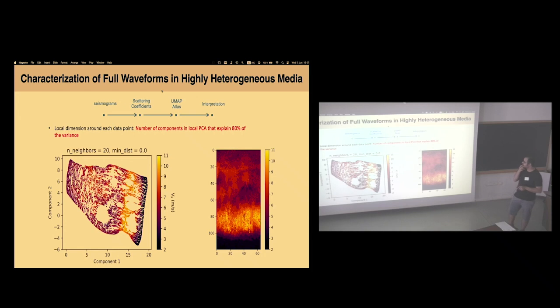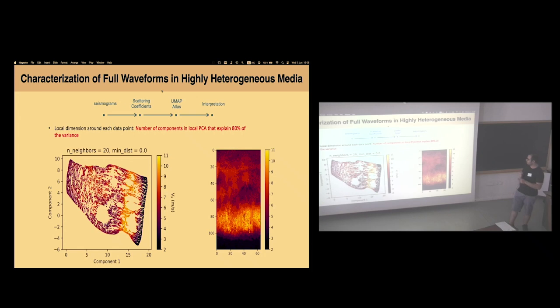And if we localize this, what we did is, for each of these points, we calculate the number of components that can explain 80% of the variance in the database by using PCA.